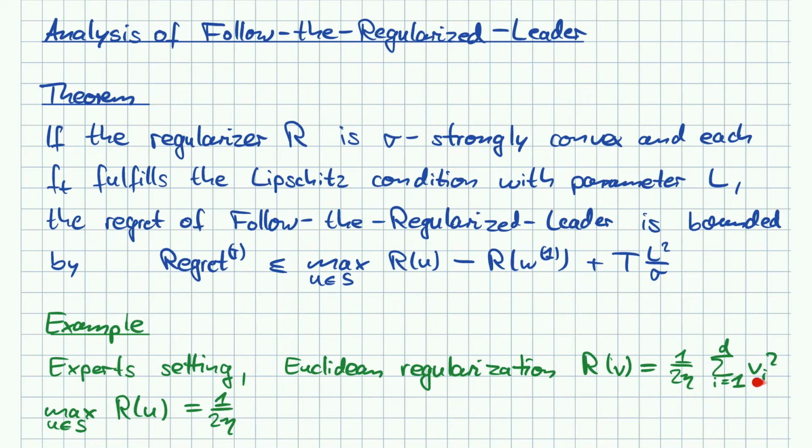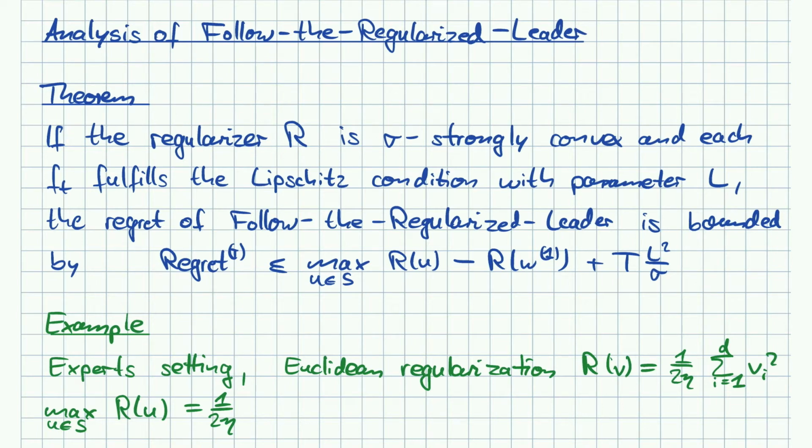Well, the sum of the v_i is at most 1. And it's not difficult to see, but it's not super obvious, that then this sum of squares will never be more than 1 if the sum of the v_i without the squares sums up to at most 1, or exactly 1.